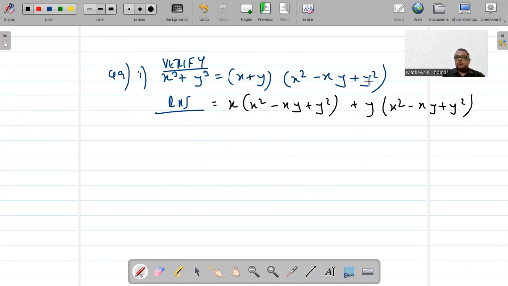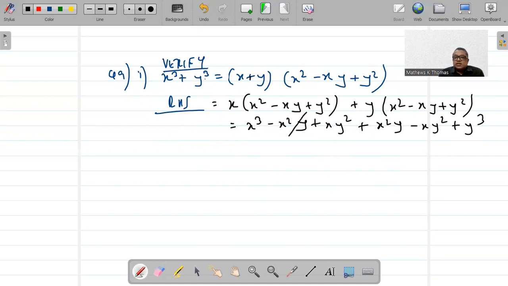When I multiply x with all the 3 terms, x into x square, we get x cube. x into minus xy, we get minus x square y. x into y square, xy square. y into x square, we get x square y. We can write it as yx square. The order doesn't matter. Minus y into xy is minus xy square. And y into y square, we get y cube.